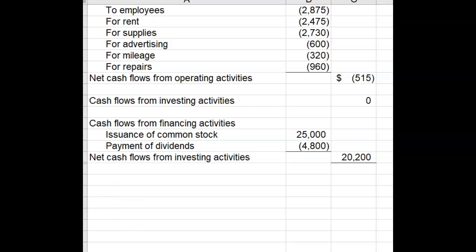So you should show cash flows from financing activities, issuance of common stock, a positive $25,000 because that's cash coming into the company, and payment of dividends, negative $4,800 because that's cash going out of the company, and net cash flows from investing activities were $20,200. Now it'll only take a few minutes to finish up the statement of cash flows.